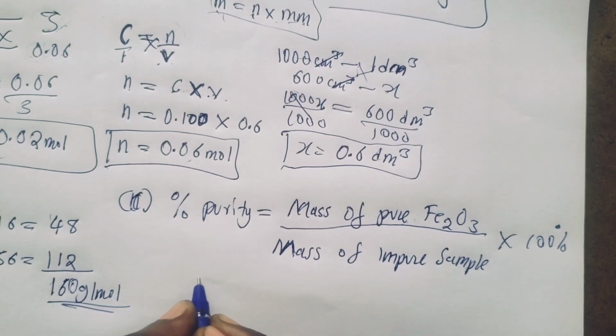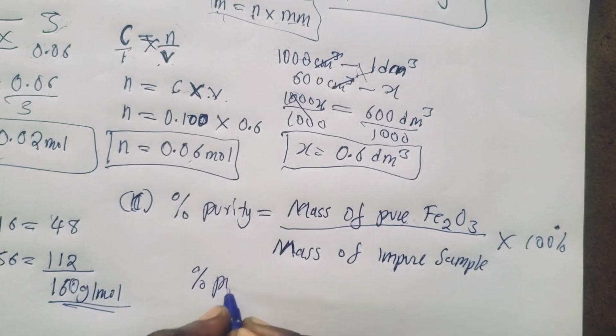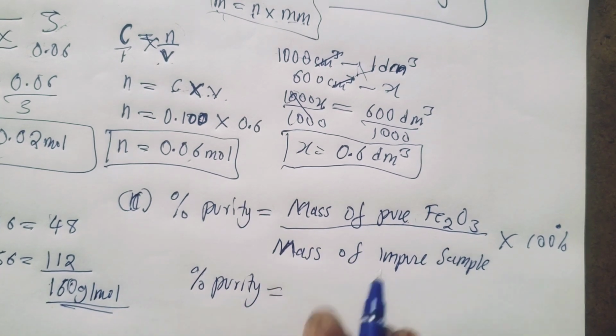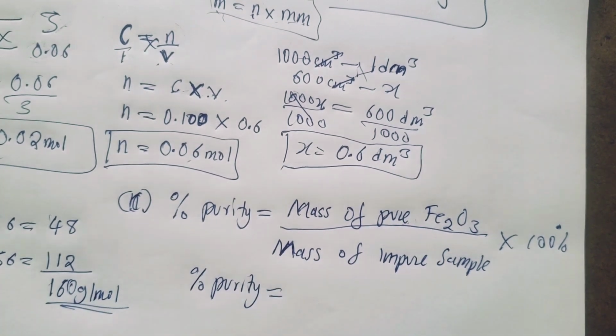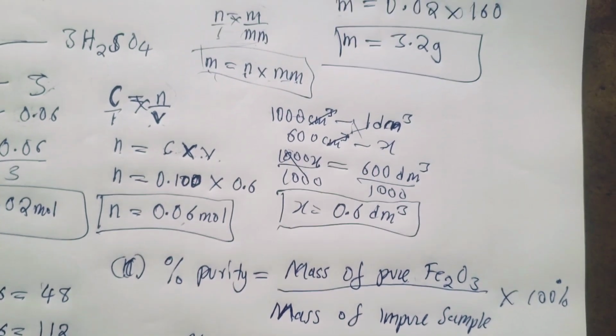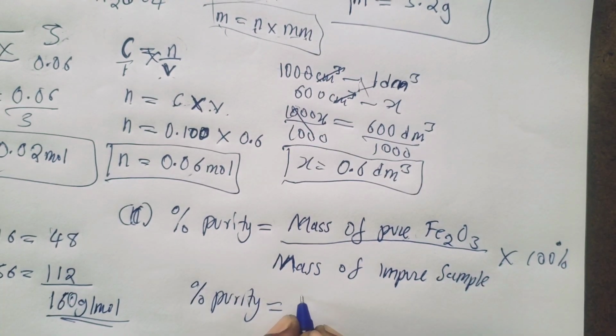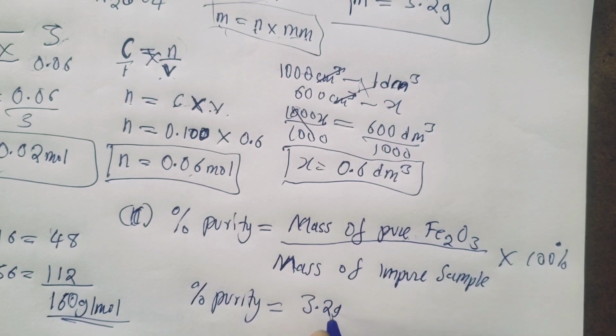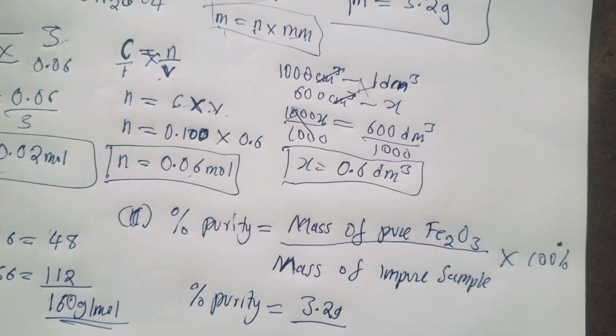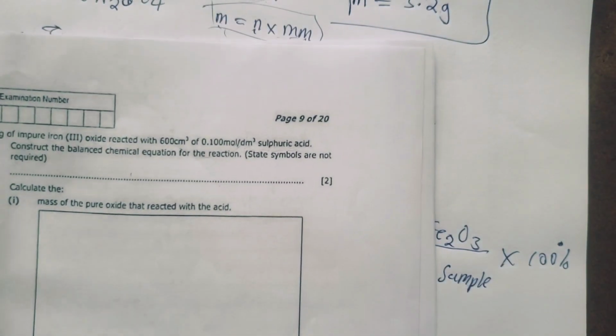So our percentage purity is going to be the mass of pure, the one we calculated, 3.2 grams. If you got it wrong, everything is wrong. 3.2 grams over the mass of impure, the one they gave you in the question, 4.00 grams.